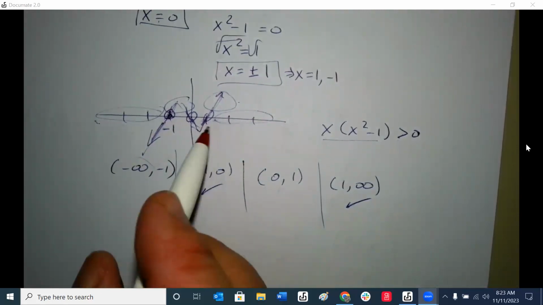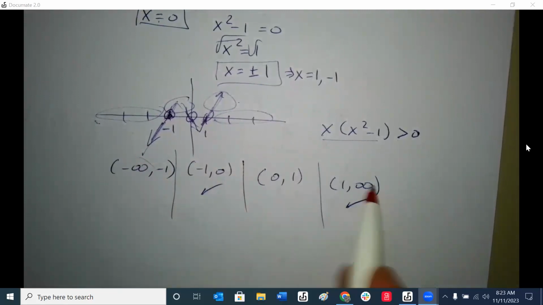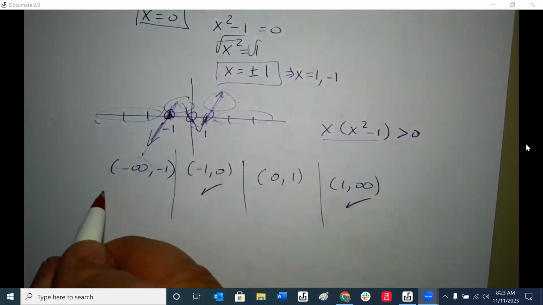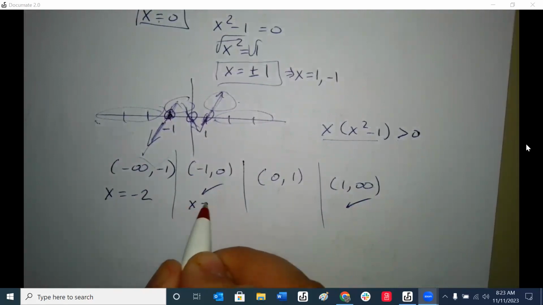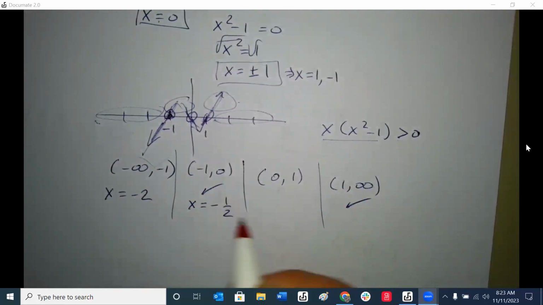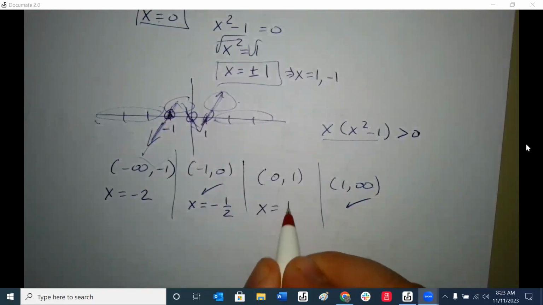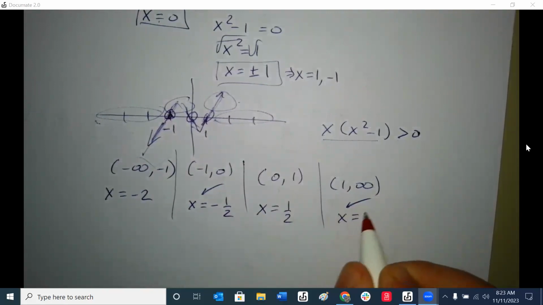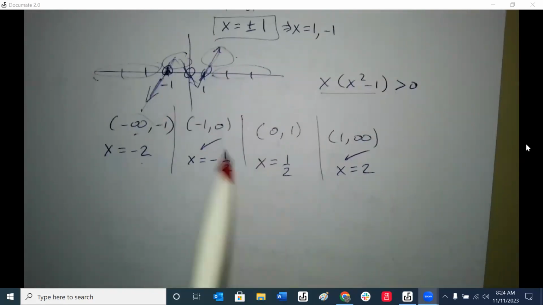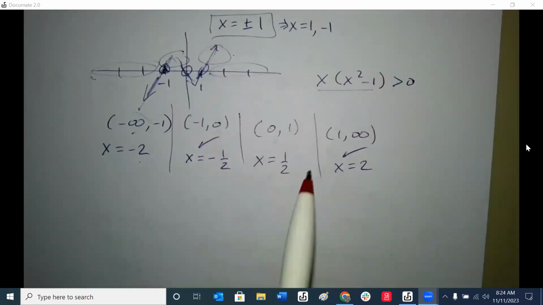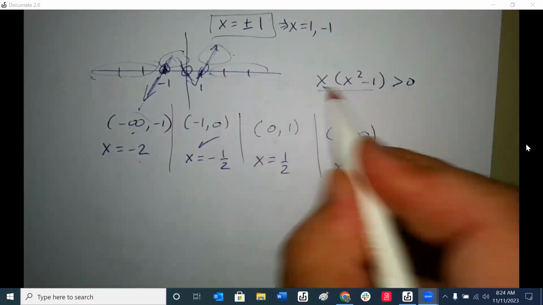Again, if you don't know how to draw it, then once you find the x-intercepts and you find these intervals, let's find the test values. Between negative infinity and negative 1, I pick negative 2. Between negative 1 and 0, negative 1/2, and positive 1/2. And I'm testing it in this.